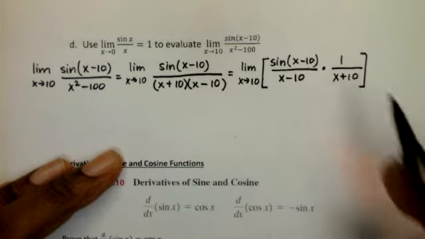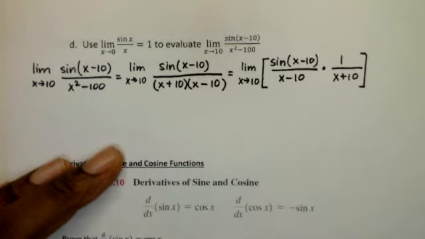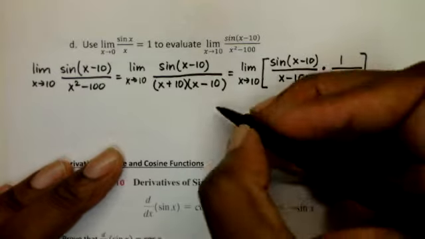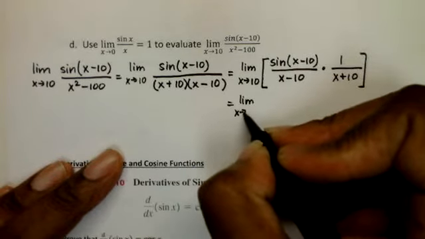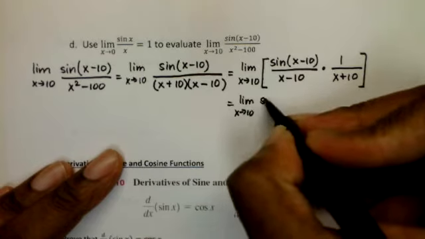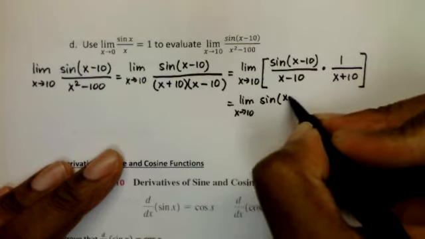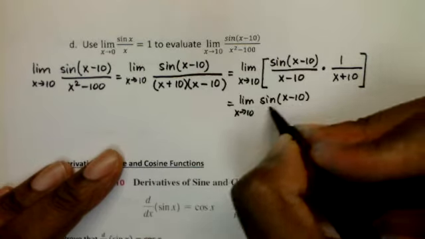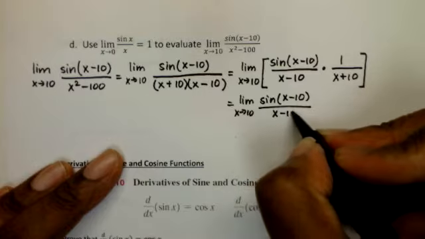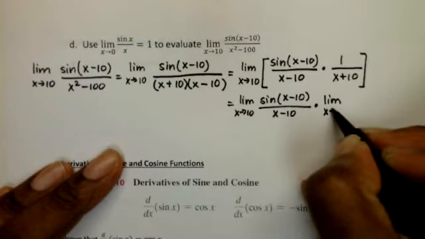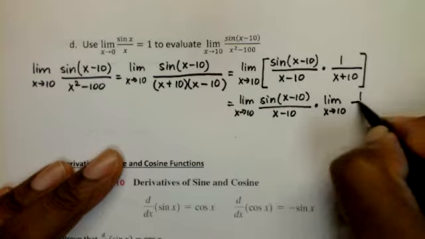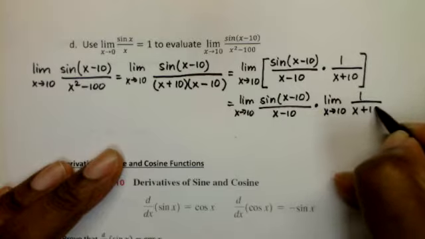Now, I have the limit of a product that's equivalent to the product of their individual limits. So here I got the limit as x approaches 10 of sine of the quantity x minus 10 divided by x minus 10. Then that's multiplied by the limit as x approaches 10 of 1 over x plus 10.